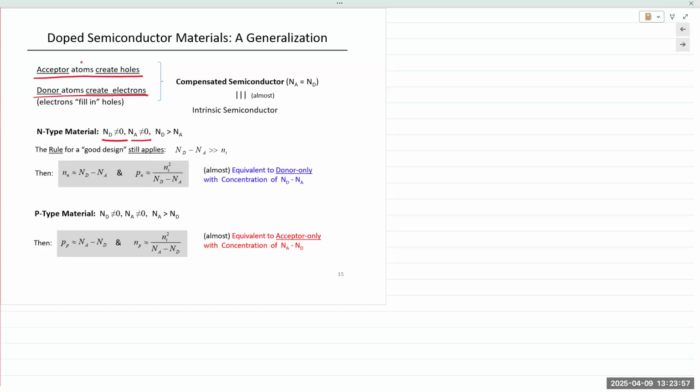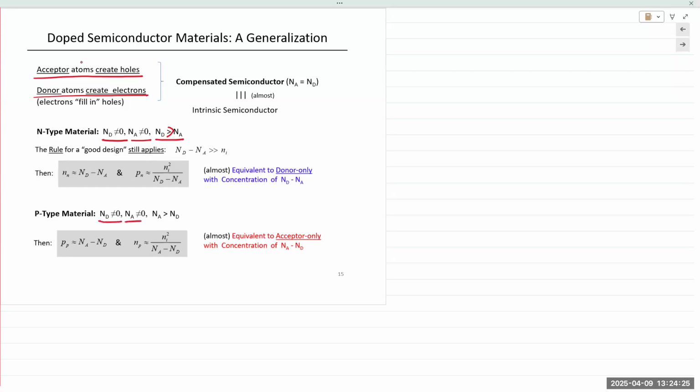But the criterion would be that in an N-type material, the number of donor atoms would be far, far greater than Na. So Nd minus Na would give you the total number of electrons. And the same thing happens in a P-type material.